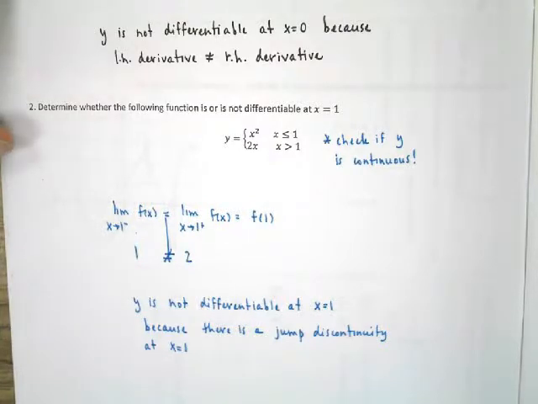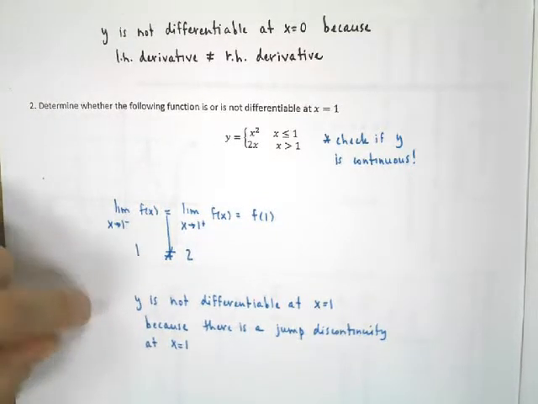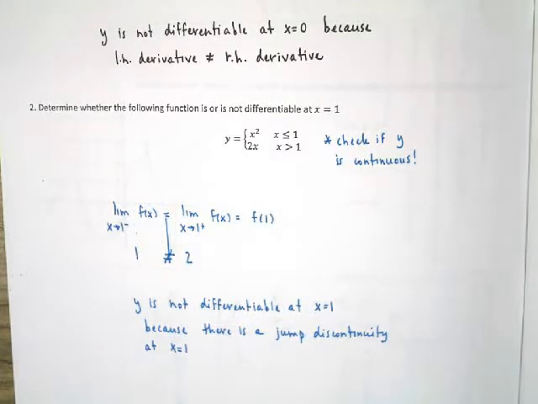So again, I got a little bit ahead of myself in the previous example, but that one happens to be continuous. But here we want to make sure we are checking whether it's continuous or not before we start jumping into derivatives. So tomorrow you'll have a chance to work through all this in class, and I will see you then.